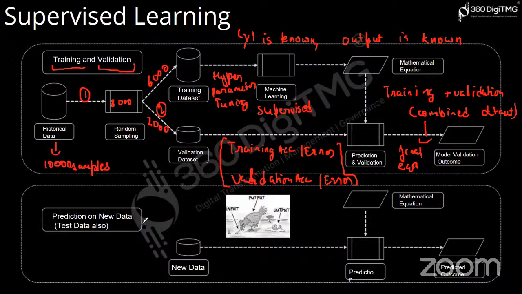Then we move on to the next step where we are using either new data or the 2000 samples that were pending.